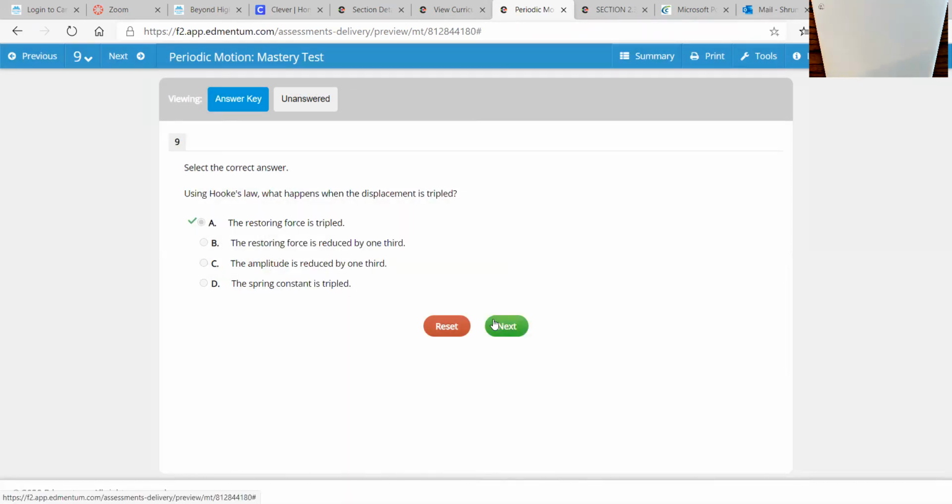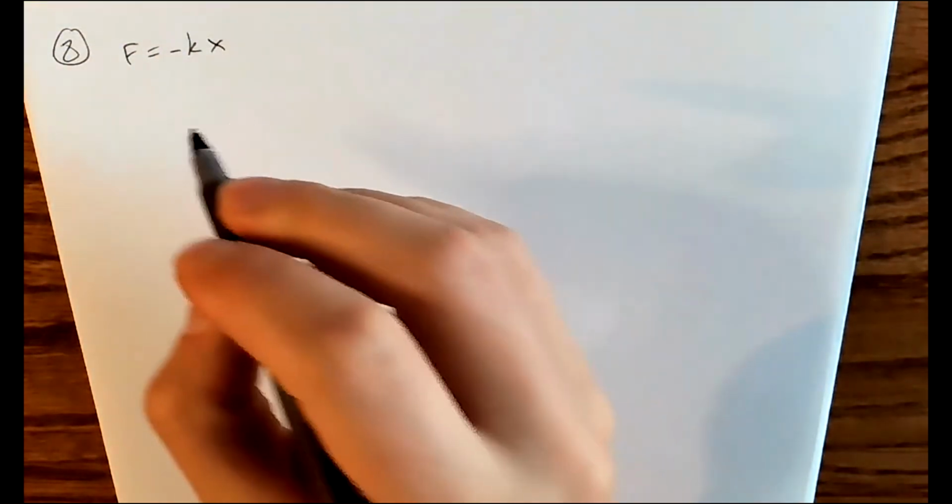And then using Hooke's law, what happens when the displacement is tripled? Well, it's directly correlated, right? Let's stop sharing that for a second. So remember Hooke's law, F equals negative kx.